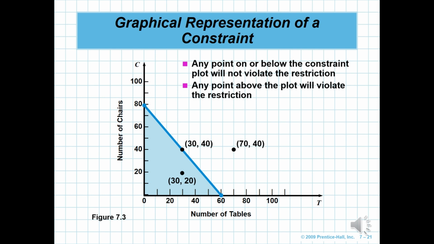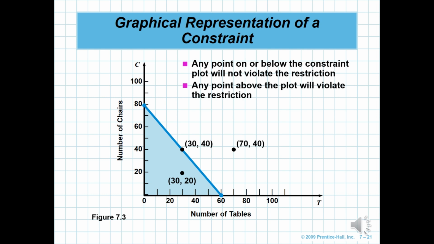Any point above the plot will violate the restriction. If we choose a solution larger than this constraint line, our solution is infeasible, which is not acceptable, because we have already crossed the limited resource of carpentry time, which is 240.